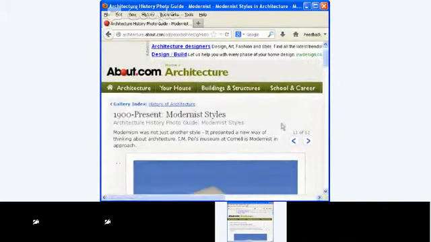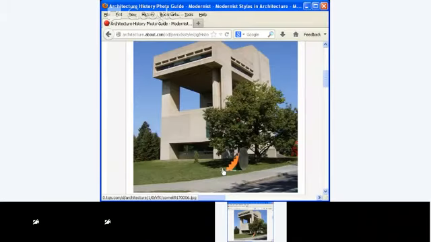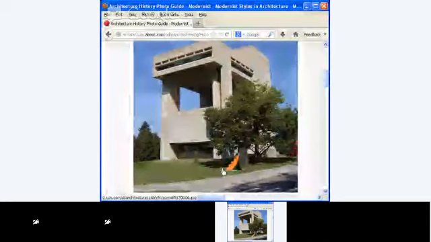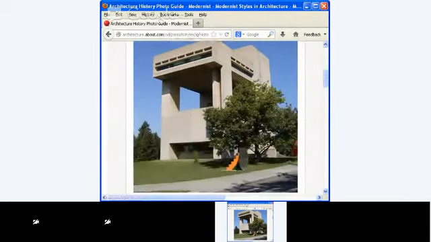Okay. Modernist, all right. Well, I don't know what you guys think about that, but when I see this, I think of a public toilet. Oh, look, it's the men's room. Okay. This is a more modern style. It's called modernist.